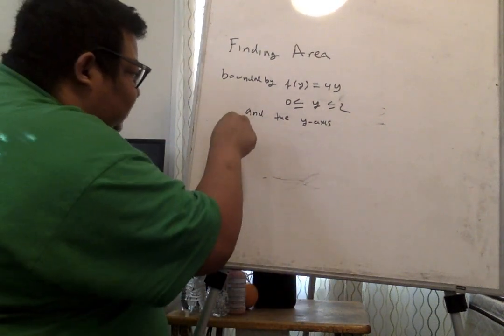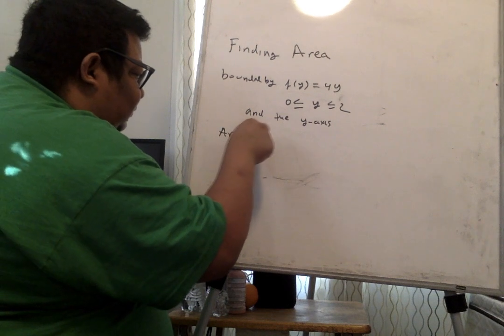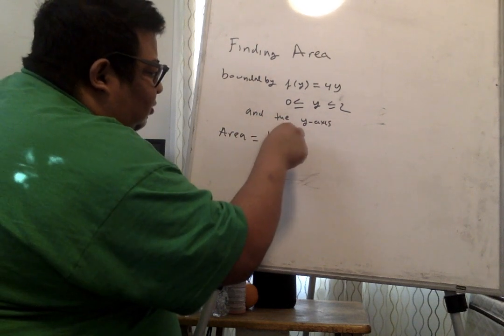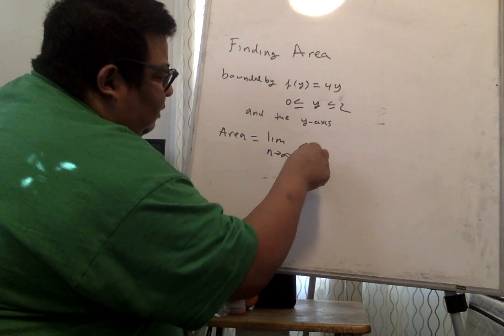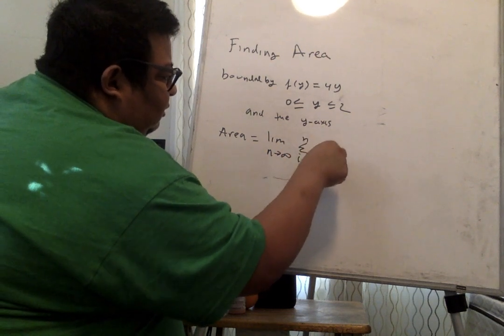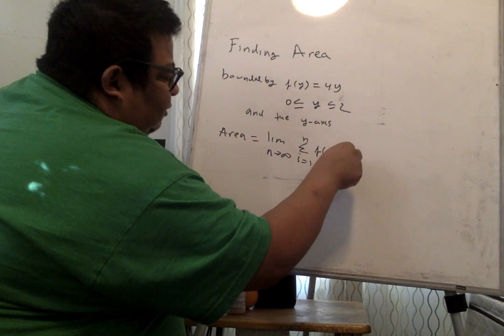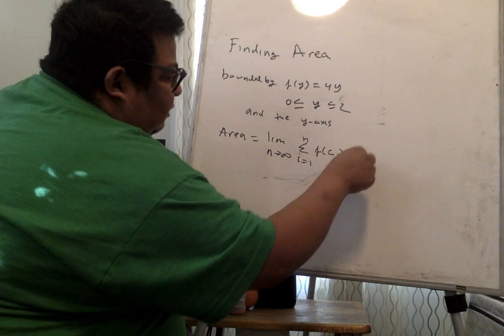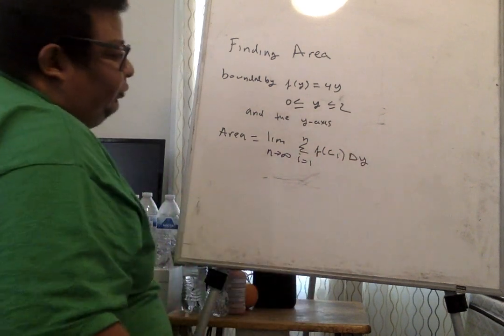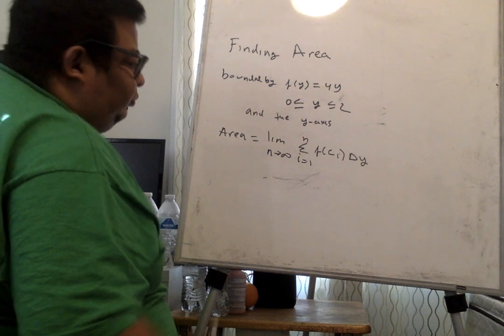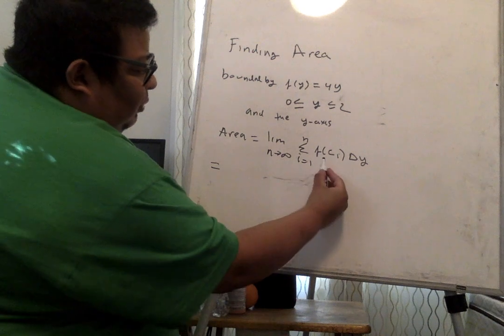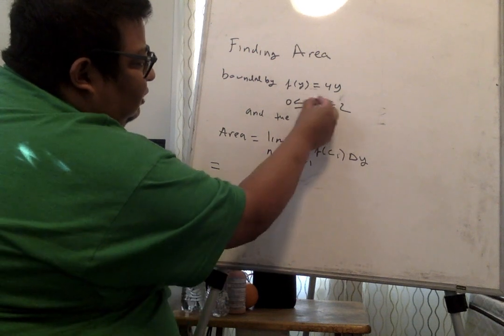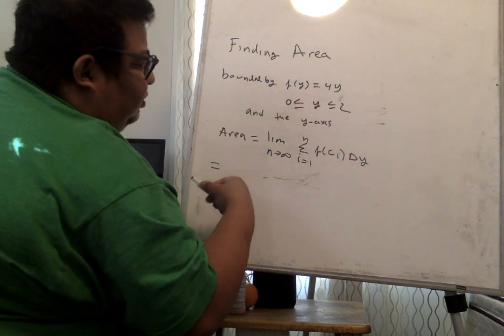So now we're going to compute the area. So area is going to equal the limit as n approaches infinity of the sum i equals 1 to n of f of ci times delta y. So that is equal to, remember, we're going to plug ci into your function.